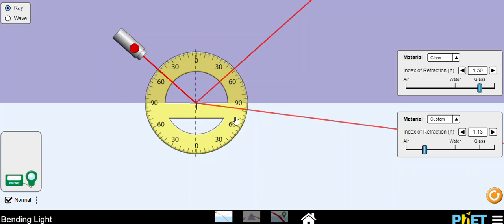And then, depending on what you use as x coordinate, because you're going to be graphing the sine of the angle of incidence versus the sine of the angle of refraction, depending on which one is on the x-axis, either the angle of incidence or the angle of refraction, the slope of the line is going to be the index of refraction, or the reciprocal of the slope is going to be the index of refraction of the material that is unknown.